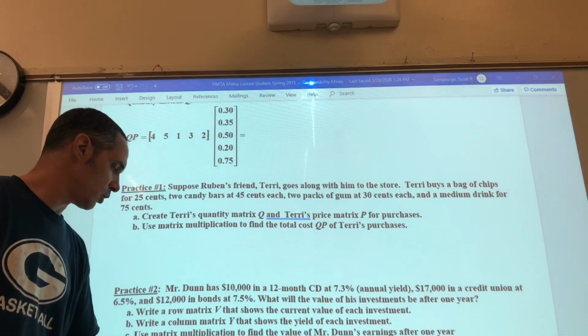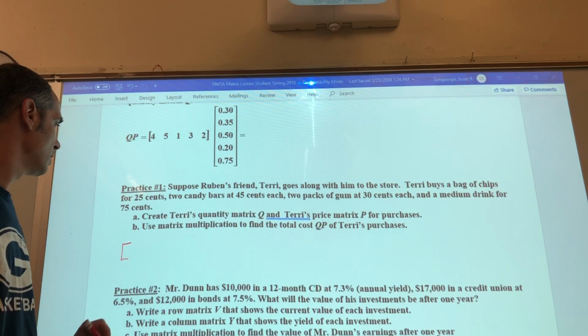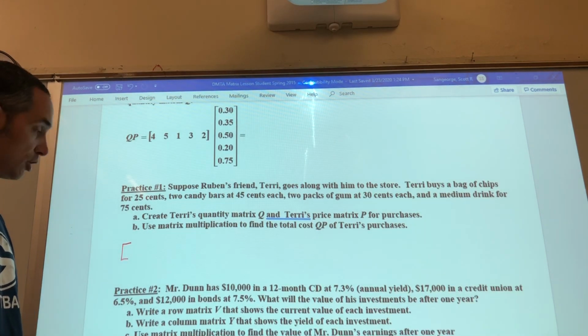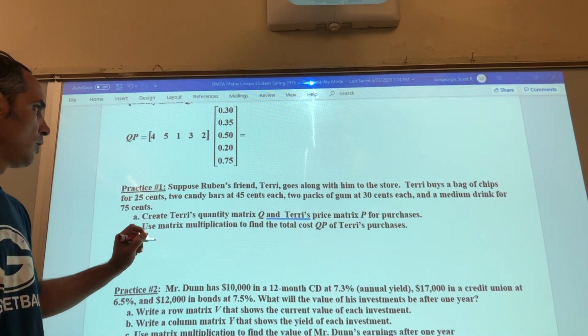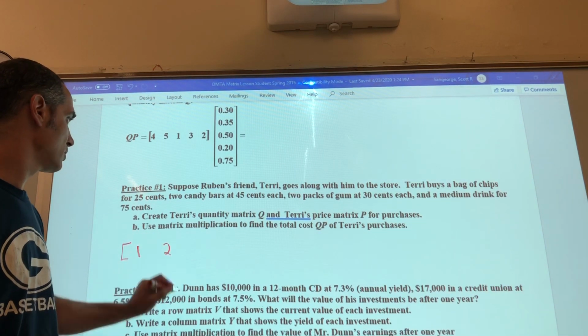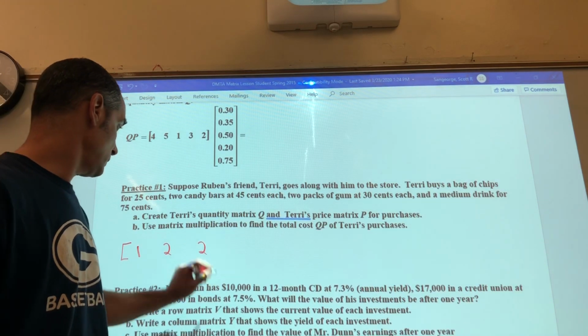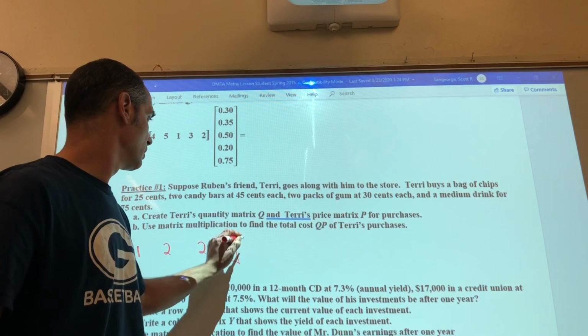Terry's quantity matrix: it looks like she bought 1 bag of chips, 2 candy bars, 2 packs of gum, and 1 medium drink.